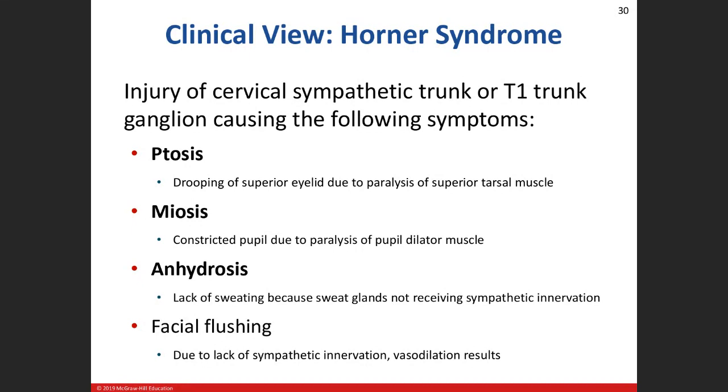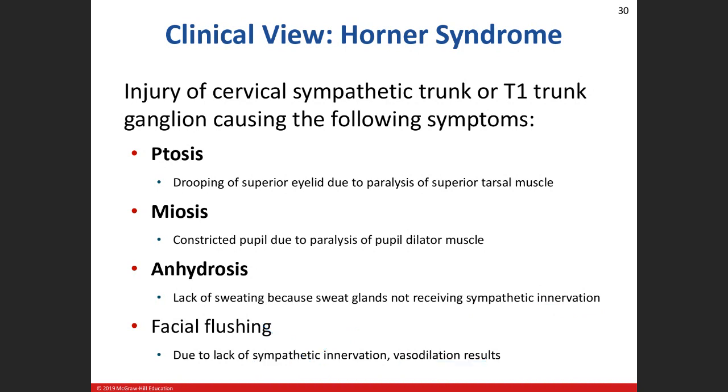You have a lack of sweating, because sweat glands are controlled solely through sympathetic innervation. And then flushing, because blood vessel diameter is solely controlled by sympathetic innervation. If you disengage or knock that out, you get vasodilation: more blood, more redness.